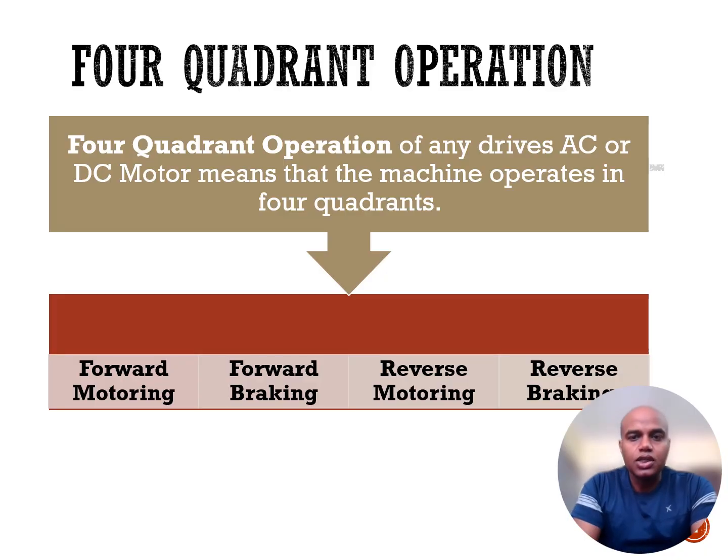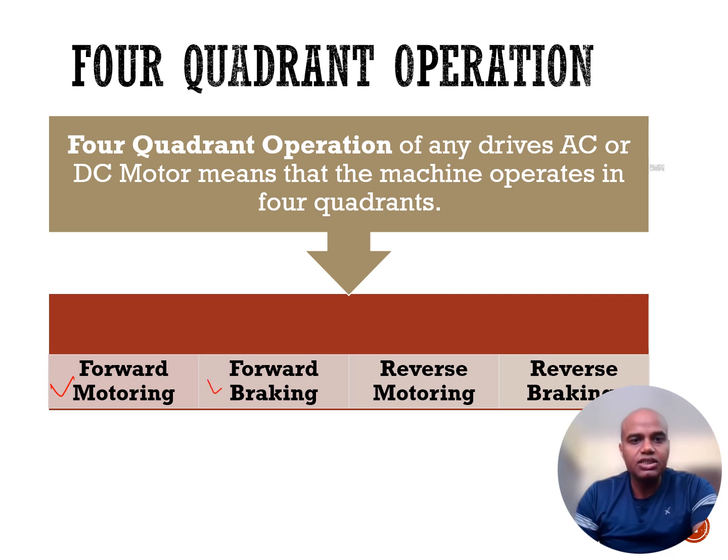Any electrical drive which comprises either an AC motor or a DC motor can operate in four quadrants. These four quadrants are forward motoring, which has my speed and torque in the same direction, and forward braking.